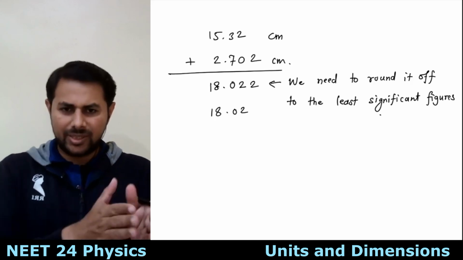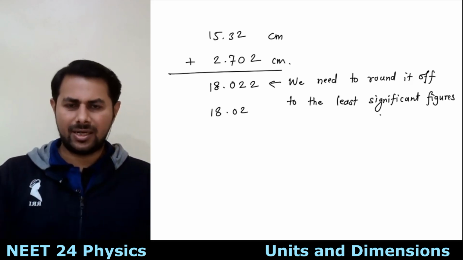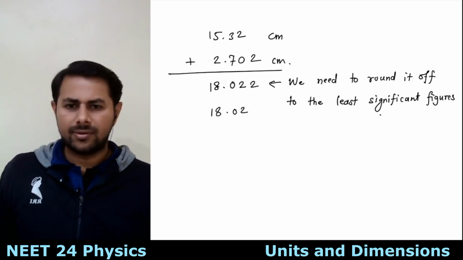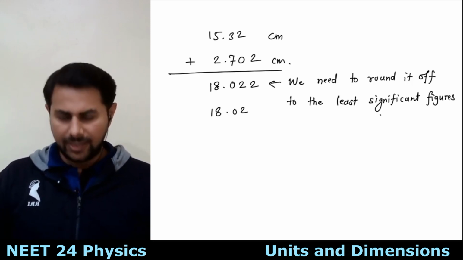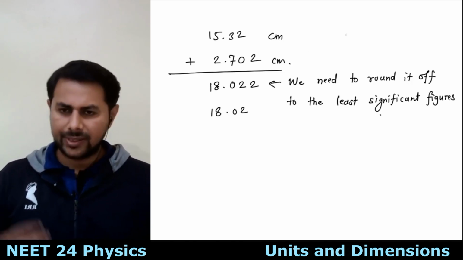The zeros before the decimal point in a whole number are not, but a zero in between two significant digits is significant, no? Right? Good.